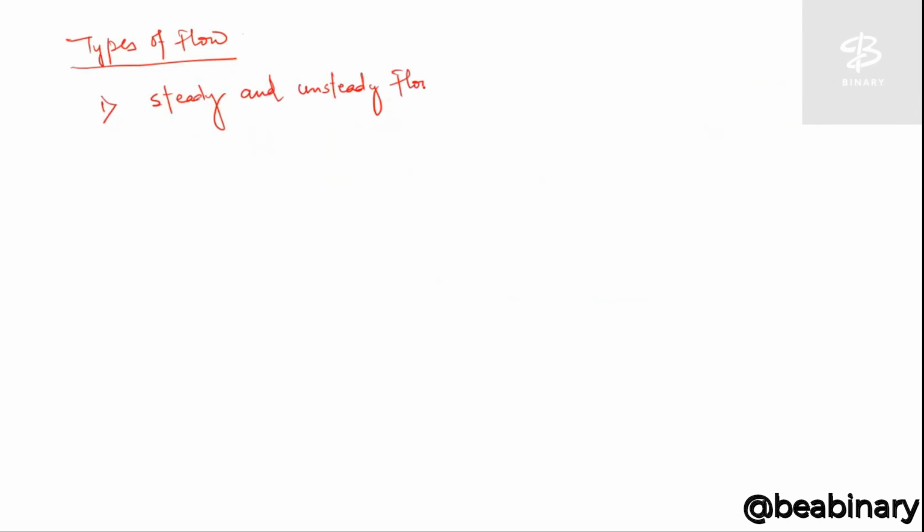So what is steady and unsteady flow? So basically, according to the statement, the steady flow is defined where the fluid characteristics like velocity, pressure, density cannot be changed with respect to the time.